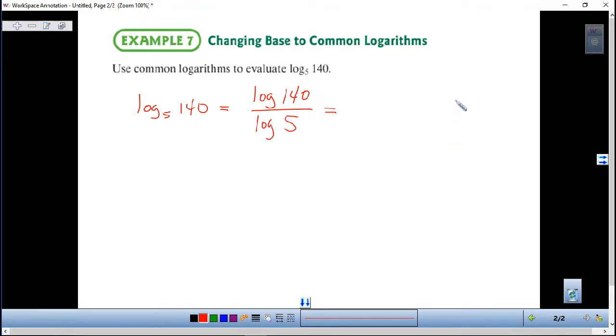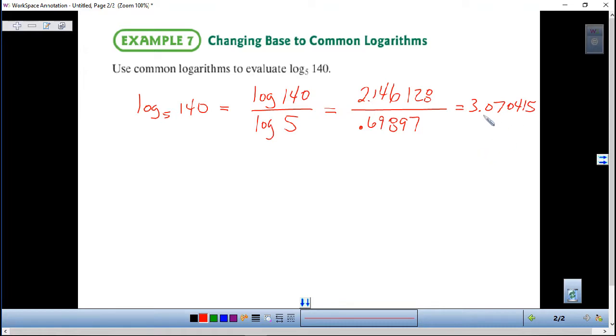Now the common log of 140 is 2.146128, and the common log of 5 is 0.69897. And when we do that division, we get 3.0704.